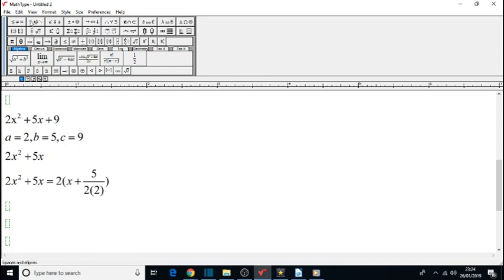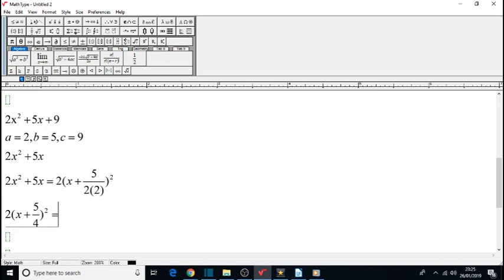So therefore, you will have 2 open bracket x plus 5 over 4 close bracket squared. I forgot the squared there. So that's the initial bracket squared. If you spotted that early, well done, you've paid attention. I purposely made that mistake to see if you're paying attention.